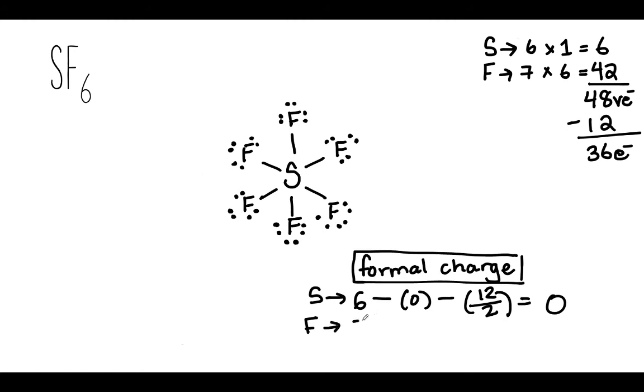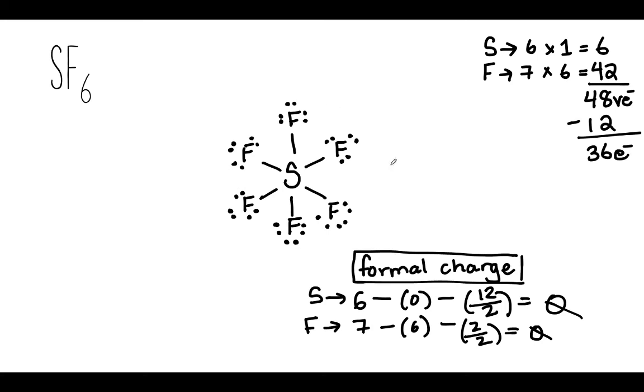Fluorine starts off with 7 valence electrons. Each fluorine has 1, 2, 3, 4, 5, 6 electrons as lone pairs and 2 electrons as bonds. So 7 minus 6 minus 1 is going to give me a charge of 0. So even though this structure shows that sulfur can have more than 8, that is correct because of this formal charge.